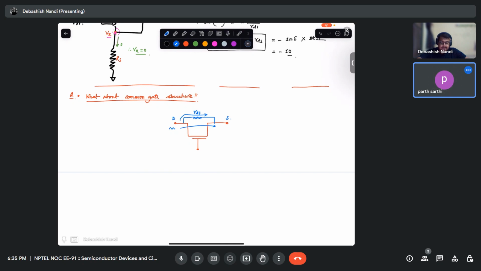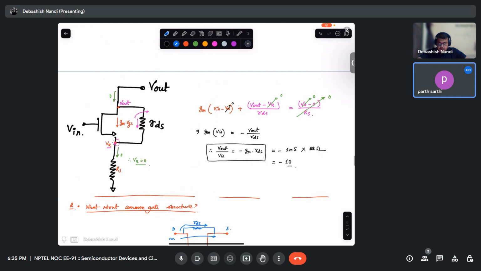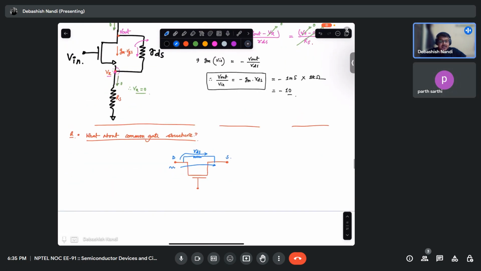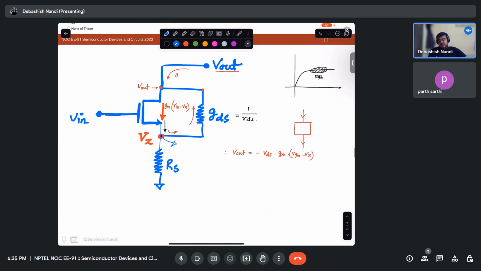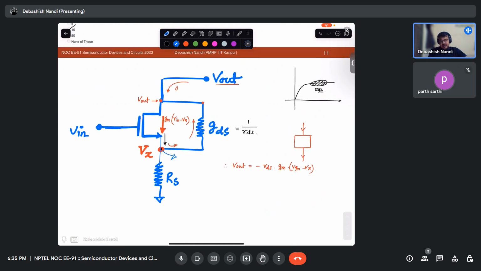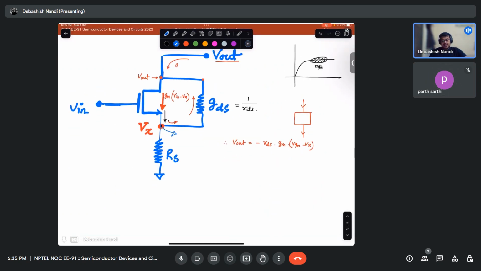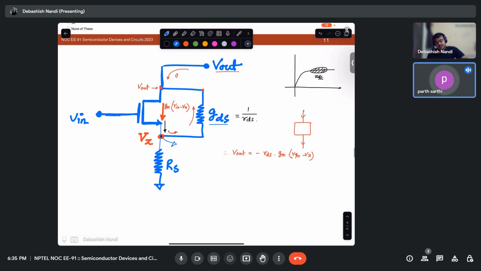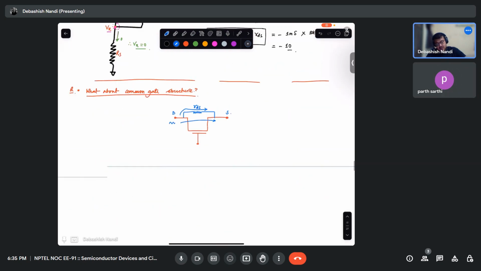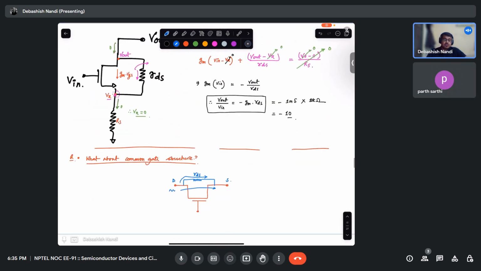We said that we neglected that RDS because the current is 0 in the previous case. In the previous case, where did we neglect that RDS? We have not neglected any RDS. GDS is still there. No, not RDS, RS, source resistance.